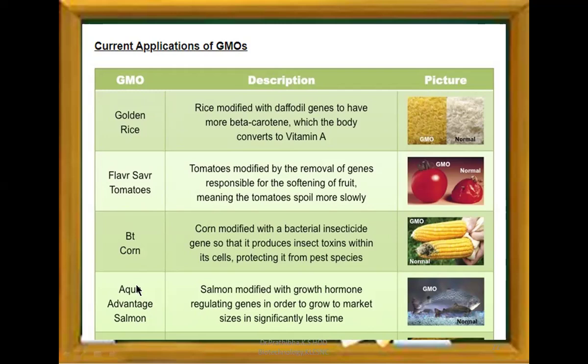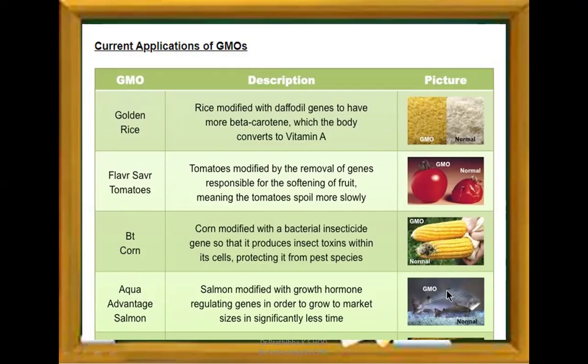The next one, AquAdvantage salmon. Salmon modified with growth hormone regulating genes in order to grow to market size in significantly less time. This is the normal fish, and this is the genetically modified one, which is quite big in size to obtain the market value, and has grown well.